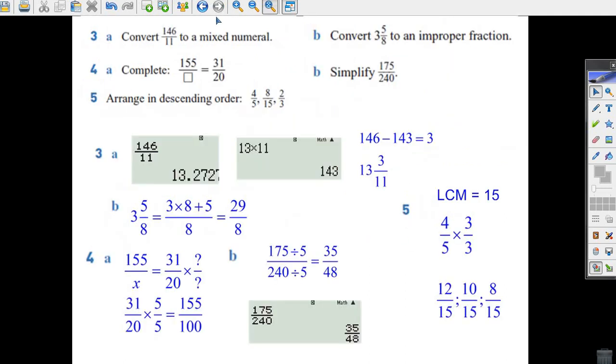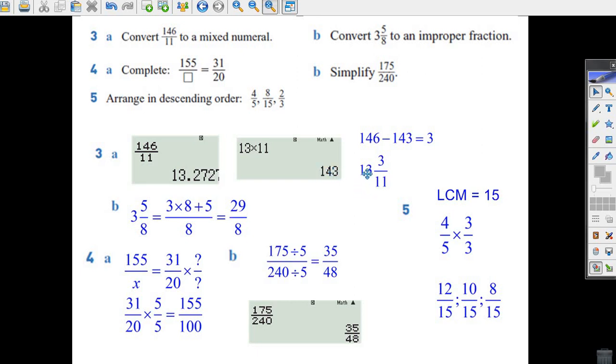Let's take a look at question 3. Convert this 146 over 11 to a mixed number. Well, 146 divided by 11, quickly on my calculator, if I cheated, I see it goes in 13 times. And 13 times 11, there's a quick way of doing that in your head, but it's 143.